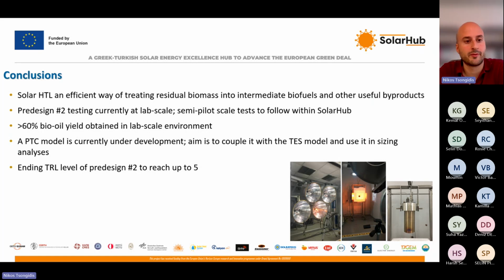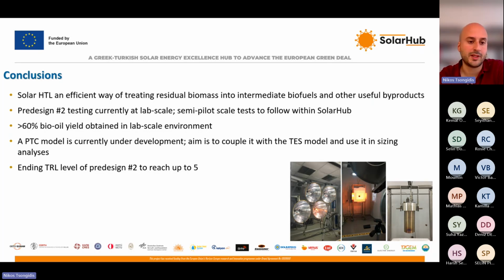We see that we have managed to achieve a bio-oil yield that exceeds 60%, which is quite important. And based on our past experience, we are confident that this bio-oil yield can be further increased when we will be using solar facilities like our solar simulator.